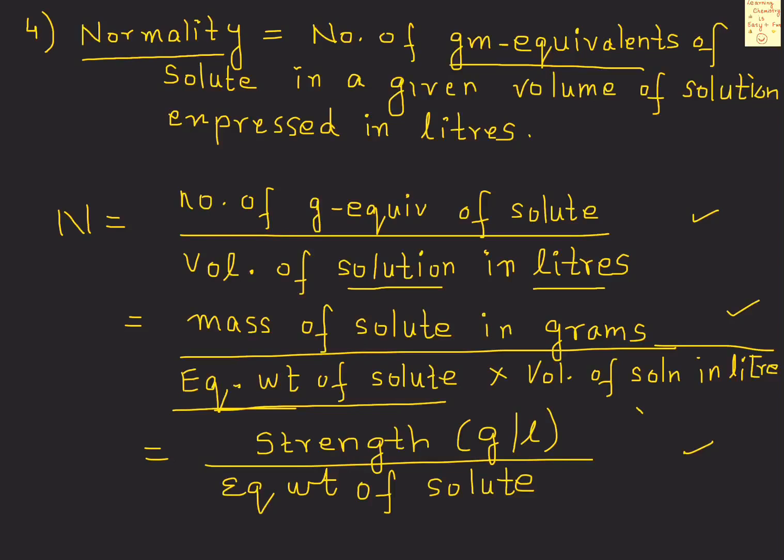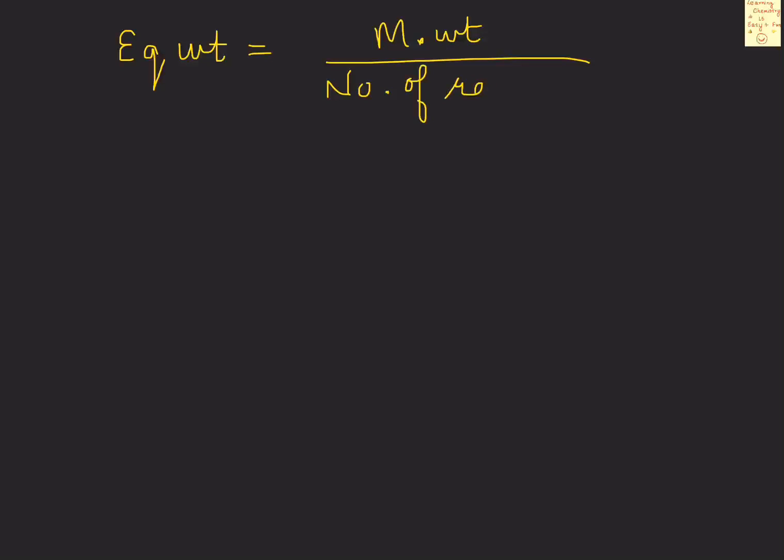As I said, equivalent weight. I will give you a simple idea about equivalent weight. What is equivalent weight? It is the molecular mass or the molecular weight divided by the number of replaceable positive or negative charge. Simple.